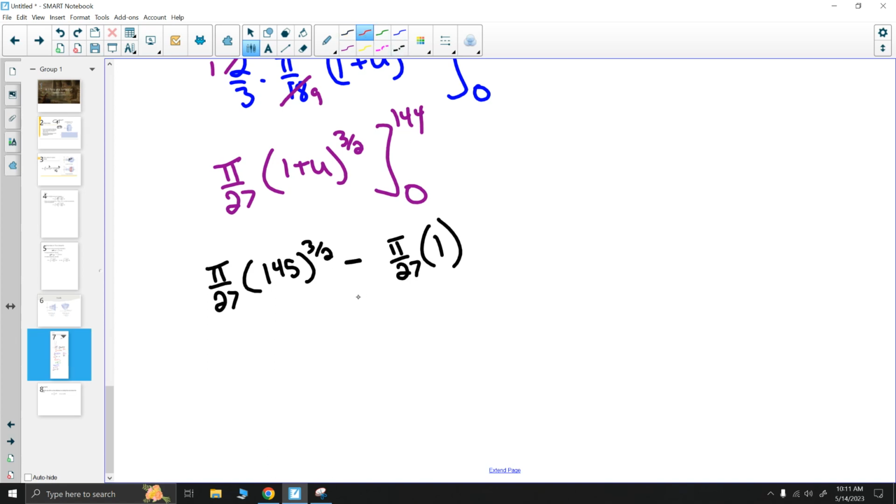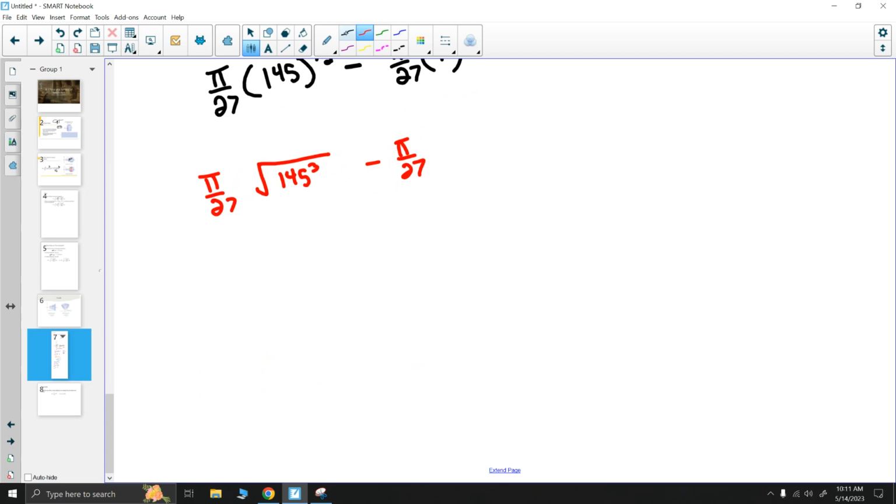Okay, so cleaning this up a little bit, 145 cubed square root, so we have pi over 27 times the square root of 145 cubed minus pi over 27. So if we think about this instead as 145 squared times 145, that's what 145 cubed is.